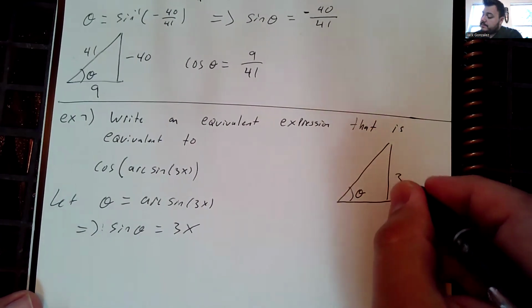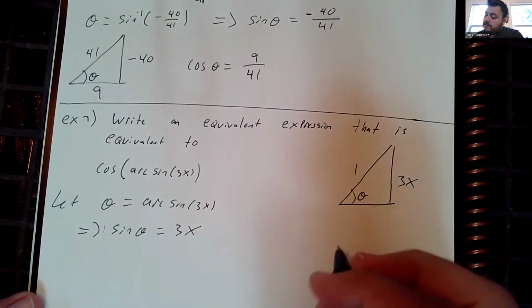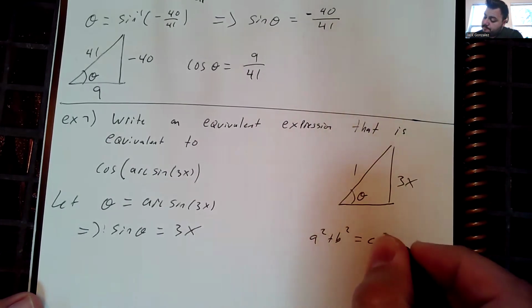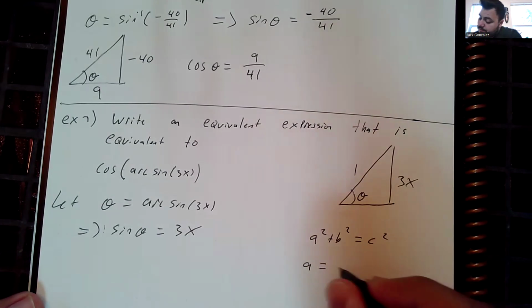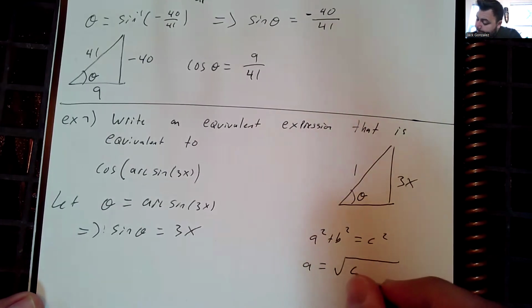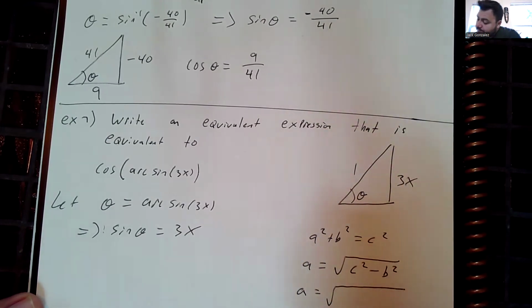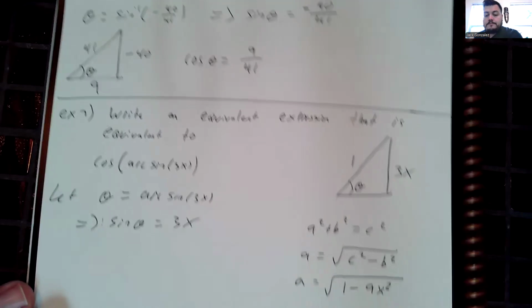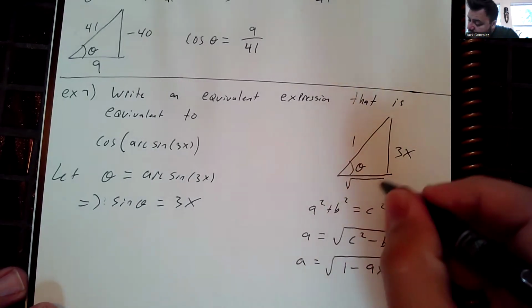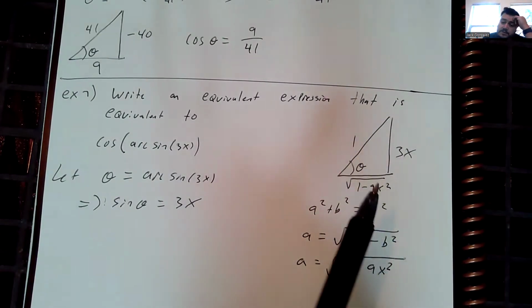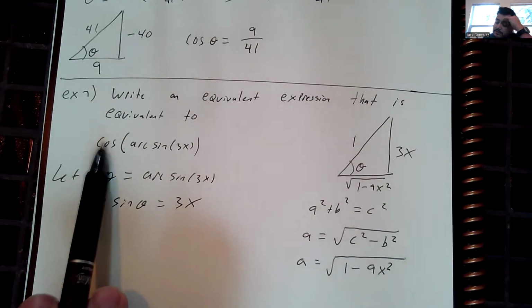So opposite, adjacent, solving for this side would be this, right? So this adjacent side is the square root of 1 minus 9x squared. So just like we did before, find the missing side. They're just algebraic terms instead, and then find the cosine.